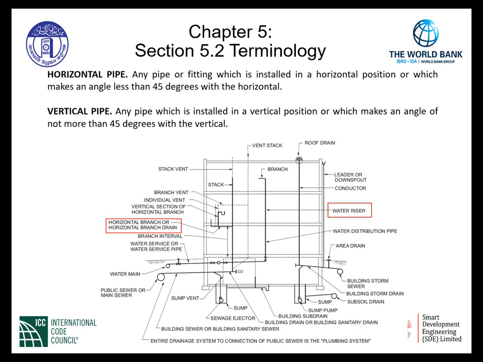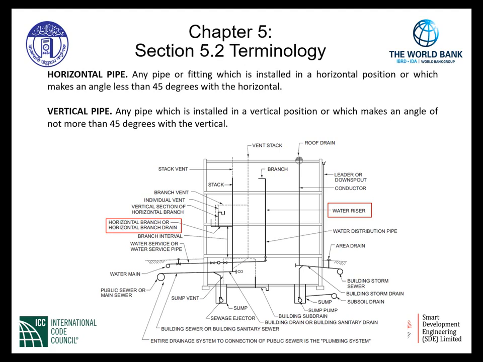As can be seen here in the graphic, we point out a horizontal branch or horizontal branch drain. As can be seen here, this is properly called a horizontal pipe due to the fact that it makes an angle less than 45 degrees with the horizontal.